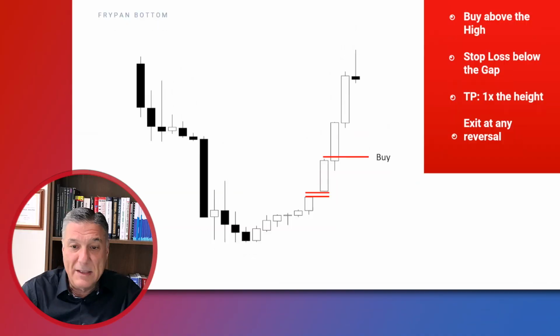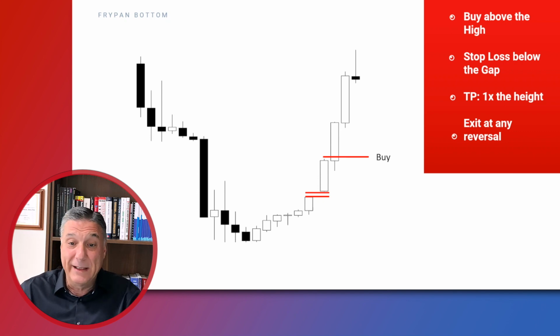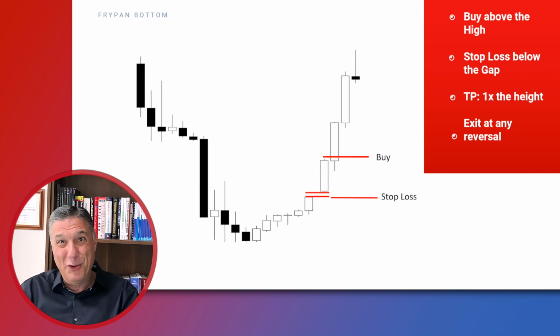Now, let's see another strategy regarding the Frypan reversal pattern. Once again, after we identify the Frypan, we enter the market with a buy order right above the white candlestick, and we place a protective stop loss right below the support, so we protect our capital just in case the market goes in the opposite direction.